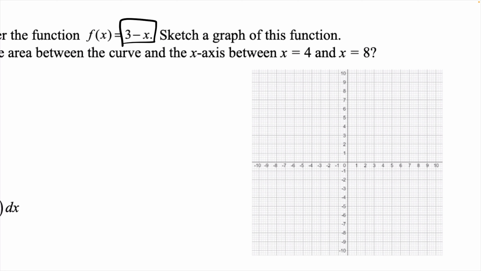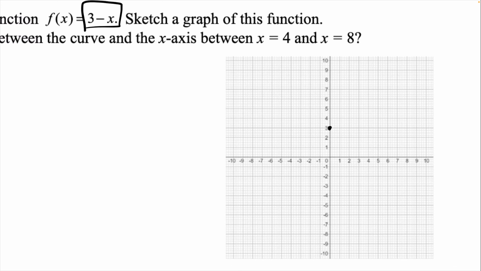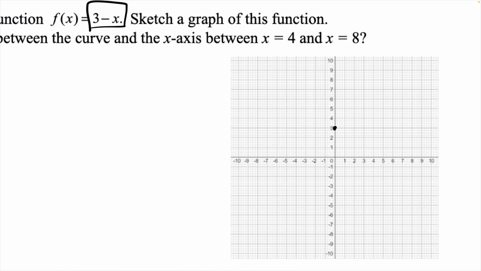The 3 means that's the y-intercept, right? y equals mx plus b. The 3 means that's where it crosses the y-axis. What's the slope then? -1. So down 1 over 1, down 1 over 1, down 1 over 1.